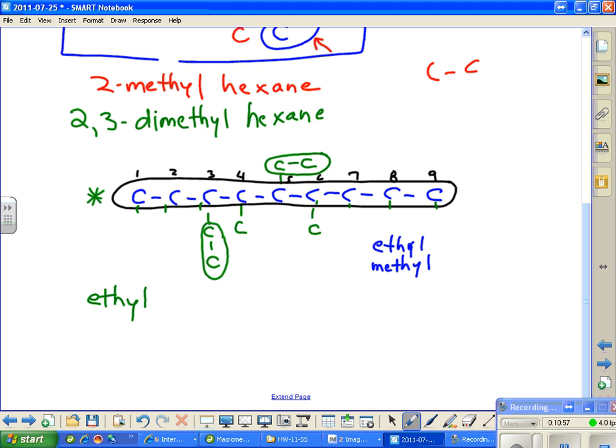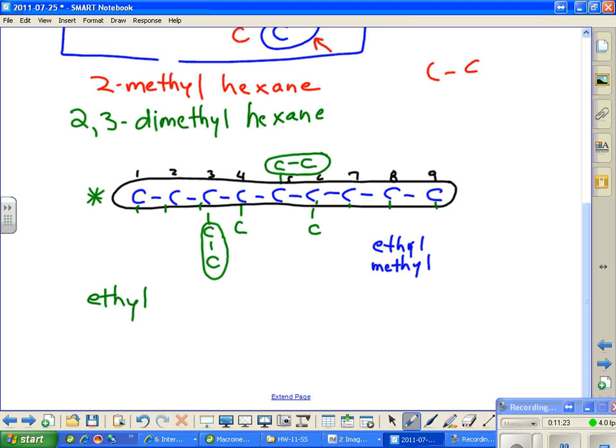So my ethyls are on what 2 carbons? 3 and 5. Look at it as a street address. The longest chain is the street, and we start from the end of the street that has a substituent closest to it. And that's how we number the post office boxes, or the postal address.